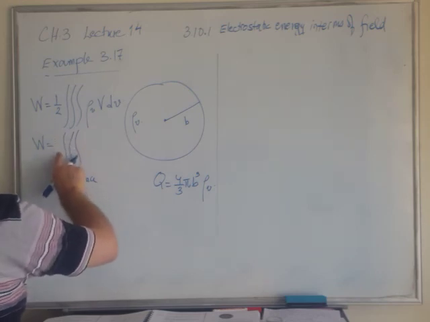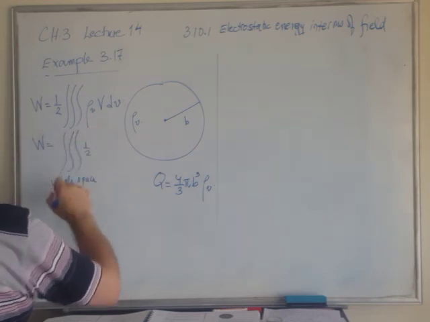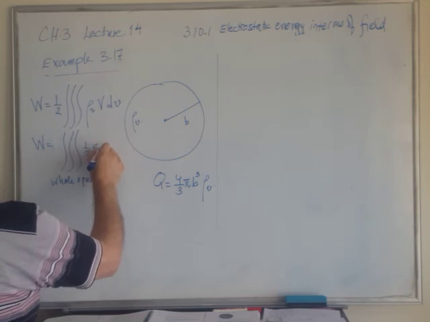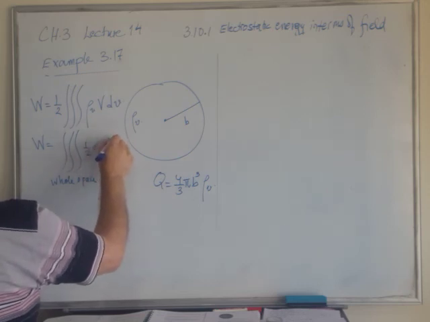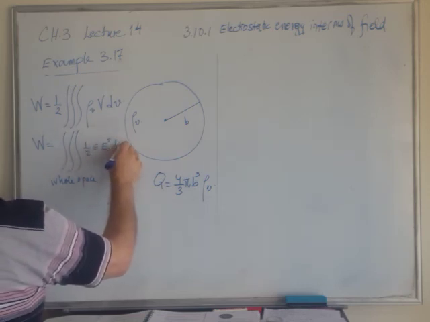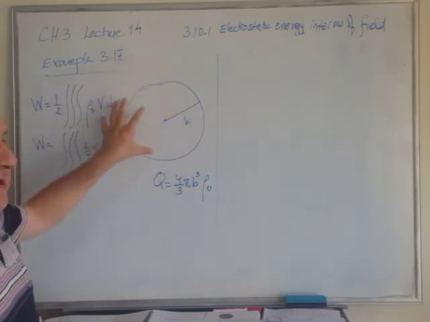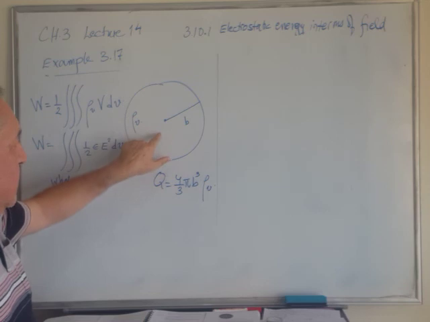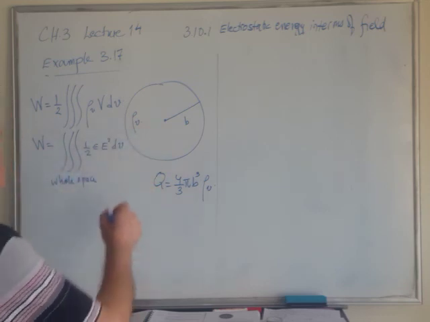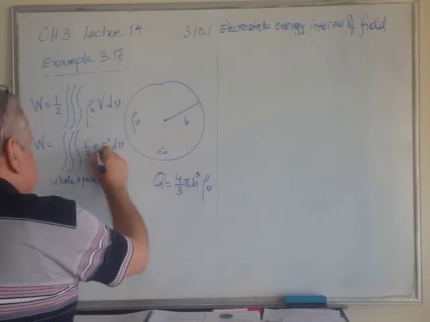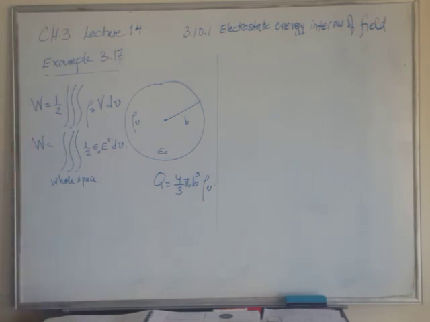I would like to put the half inside because it is part of the energy density, half epsilon E squared dv. You can collect the charge either in vacuum, where you have epsilon 0, let's assume this simple case, or you can put it in a dielectric where the permittivity is epsilon, not epsilon 0. This is one method. That's another method.